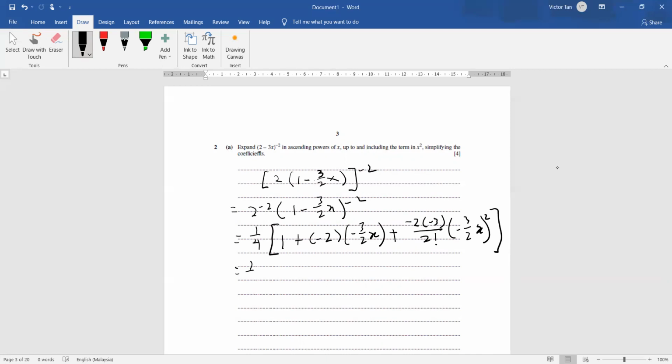So this is 1 over 4 times 1 plus 3x, and 3 over 2 squared is 9 over 4 times 3 is 27 over 4. Expanding, you get 1 over 4 plus 3 over 4 x plus 27 over 16 x squared. There you have it.